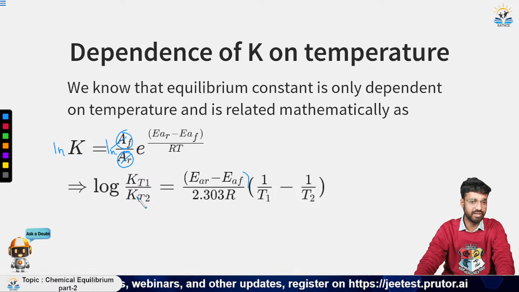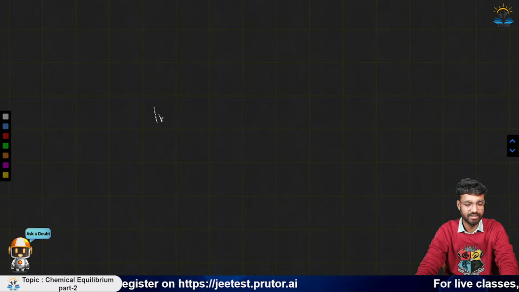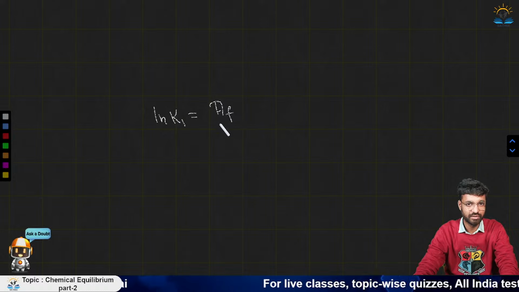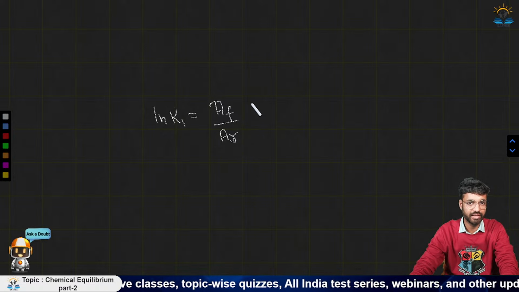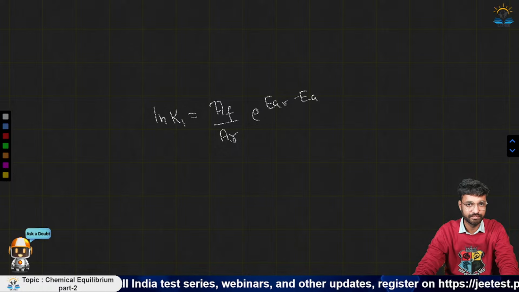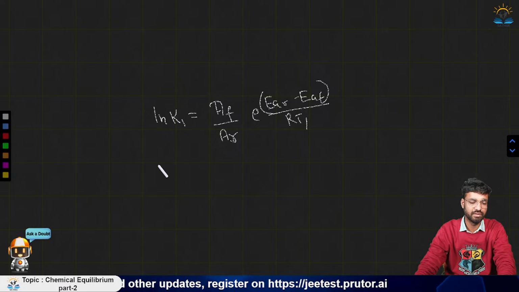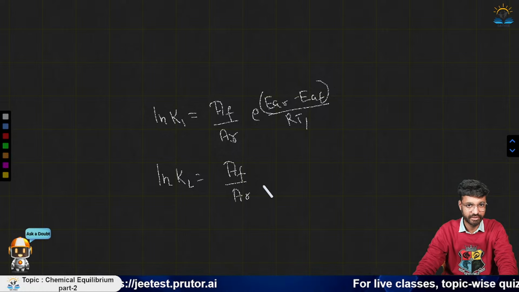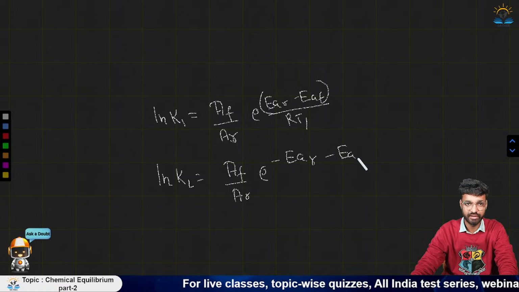So it is written for two different conditions. We have ln K1 equal to ln of A_F by A_R, plus E_A,R minus E_A,F by R T1. Similarly, for temperature T2, it will be the same with T2.